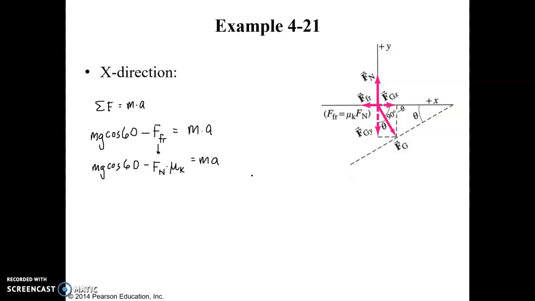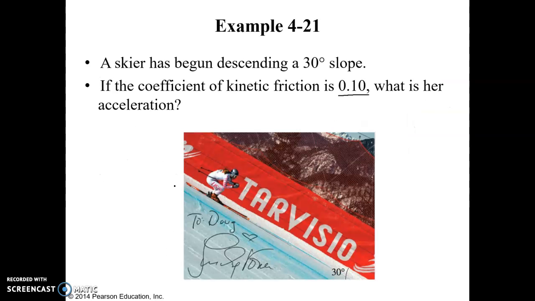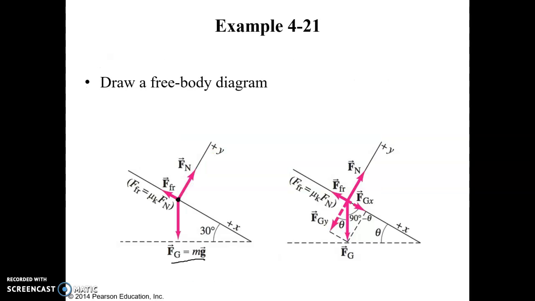We were in the middle of example 4-21, where we are looking at a skier going down a slope at a 30-degree angle. The coefficient of friction is 0.10, and we want to know what the acceleration is. So in the last video, we created a free body diagram.